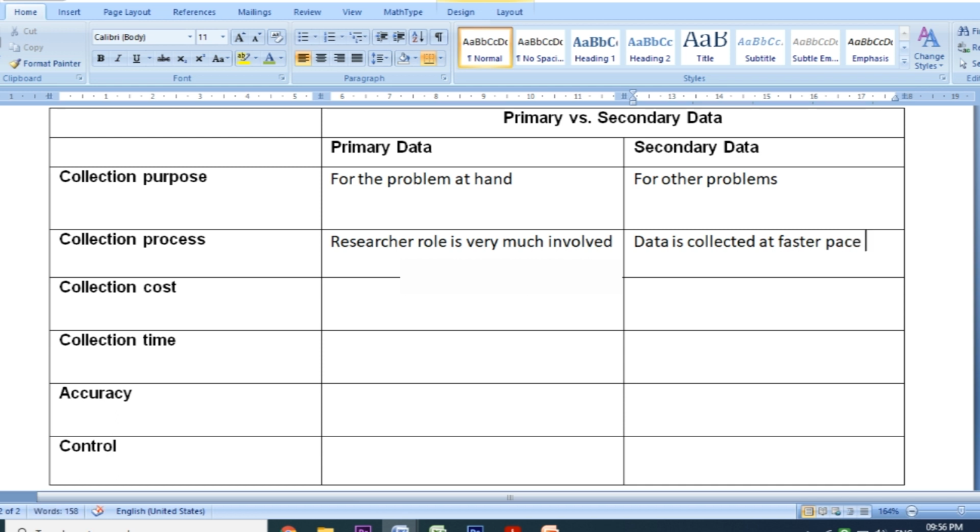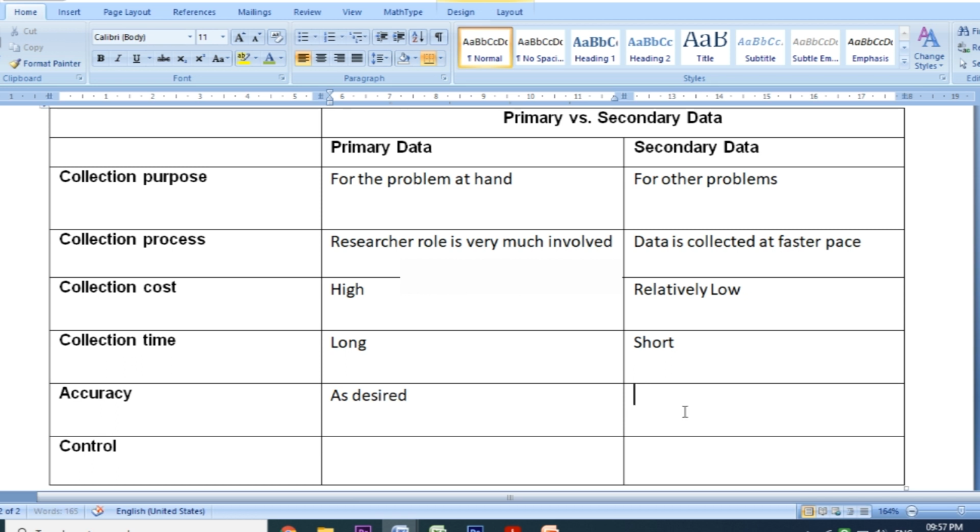As far as the collection cost is considered, it is high for primary data, whereas it is relatively low for secondary data. The collection time too is long for primary data, and it is comparatively short for the secondary data.